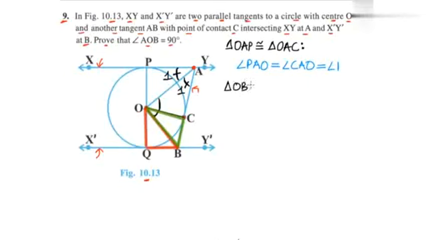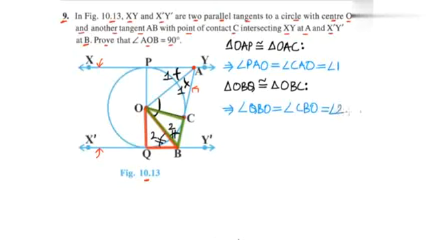So triangle OBQ is congruent to triangle OBC, and from here it follows that angle QBO is equal to angle CBO. Correct? So angle QBO is this angle, angle CBO is this angle. These two angles must also be equal. So let's call these two angles angle 2.